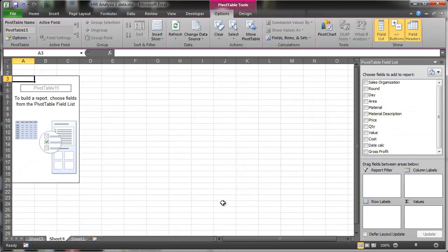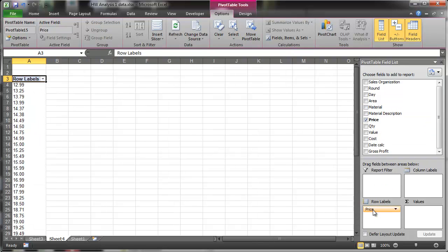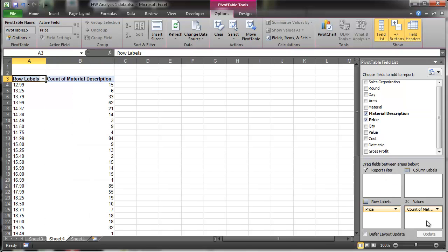And in this case, I'm interested in all the different prices and then the count of sales. So in this case, I'm just counting the number of sales that took place at that price. So I'm counting these material descriptions in this case.